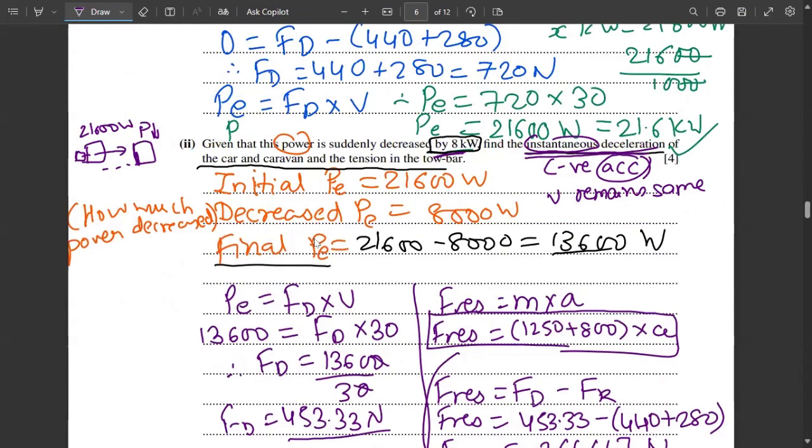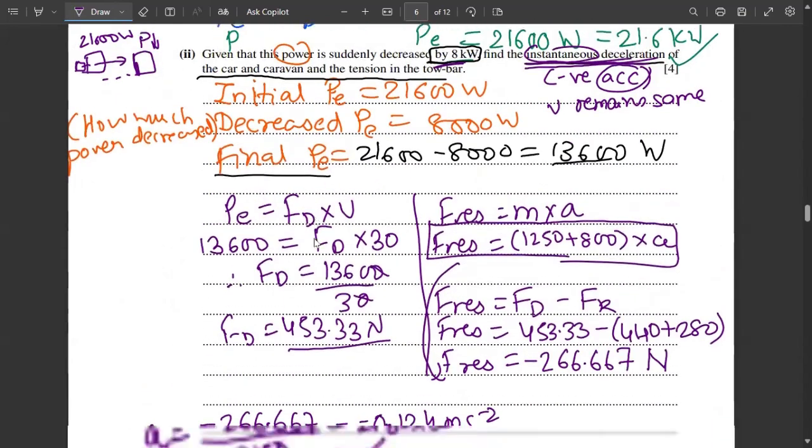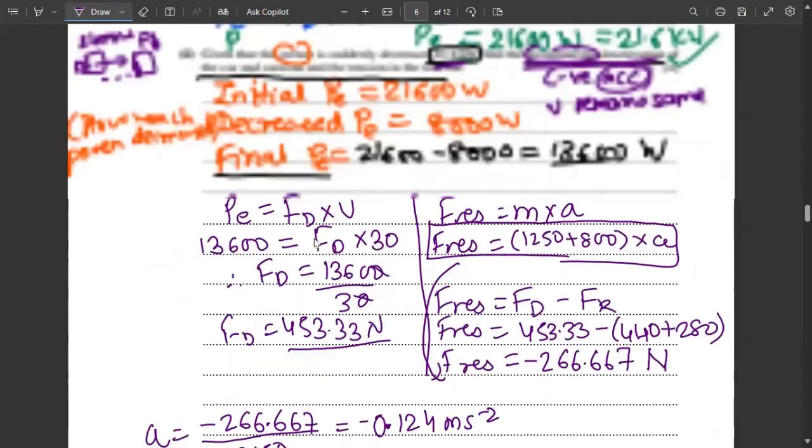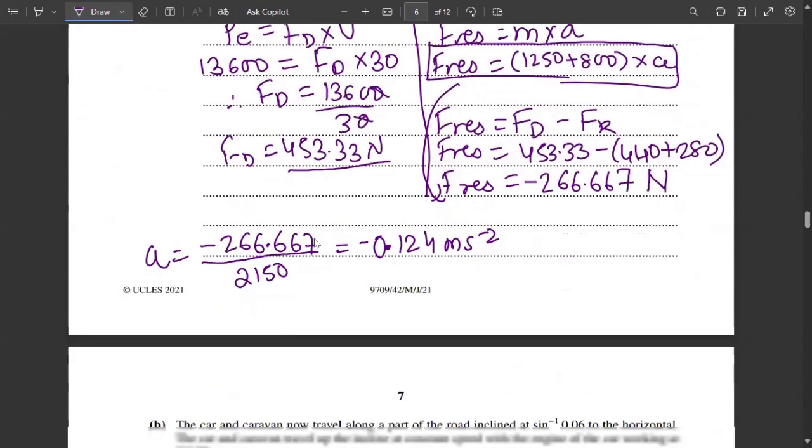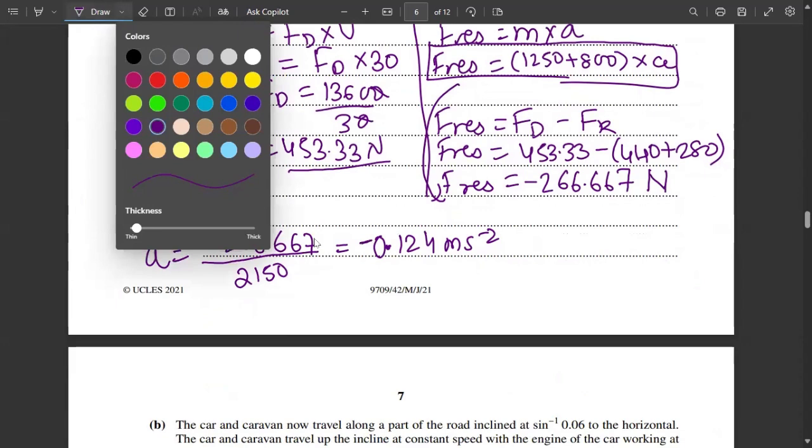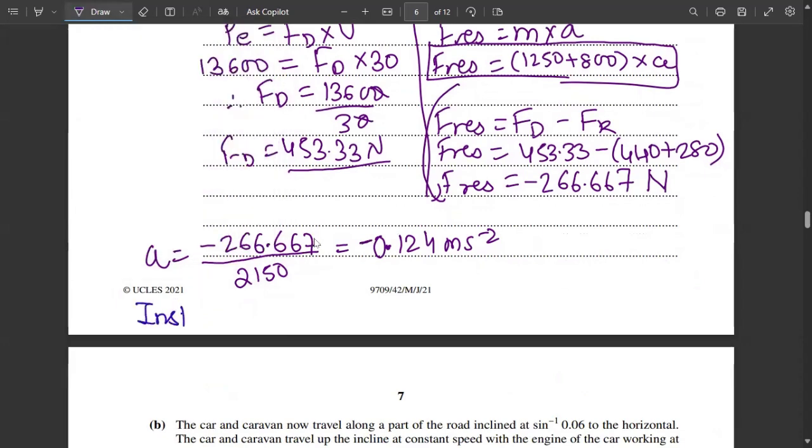What we have to find is the instantaneous deceleration. Deceleration means negative acceleration. So there is no need for this minus because we want to find the deceleration, not the acceleration. So the instantaneous deceleration is 0.124 meter per second square.